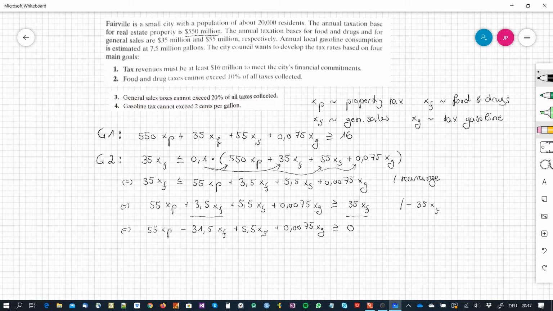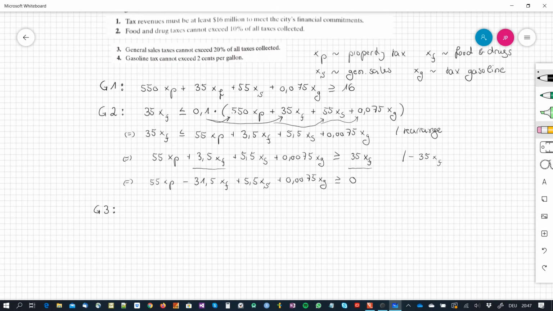So now the third goal is that general sales taxes cannot exceed 20% of all taxes collected. That is basically the same as we have seen above.